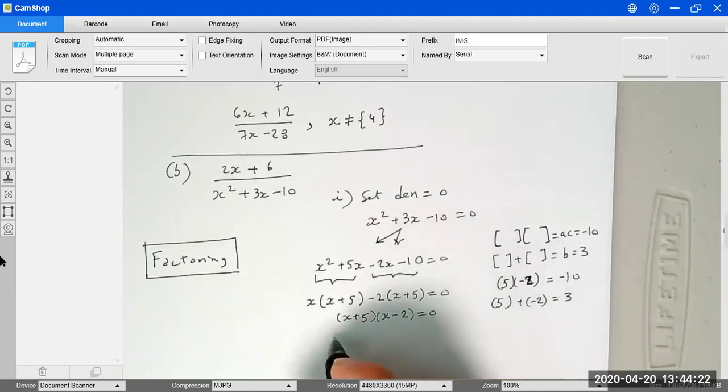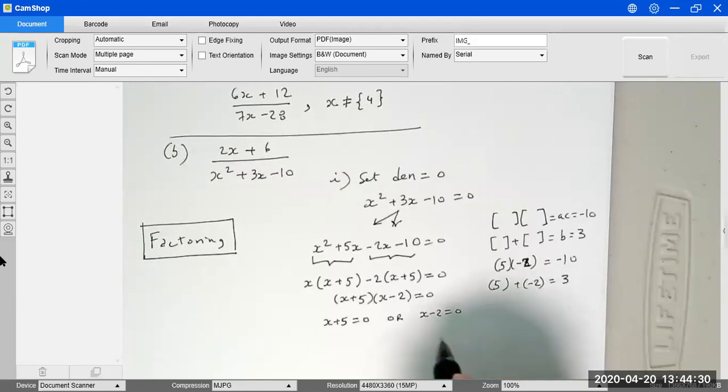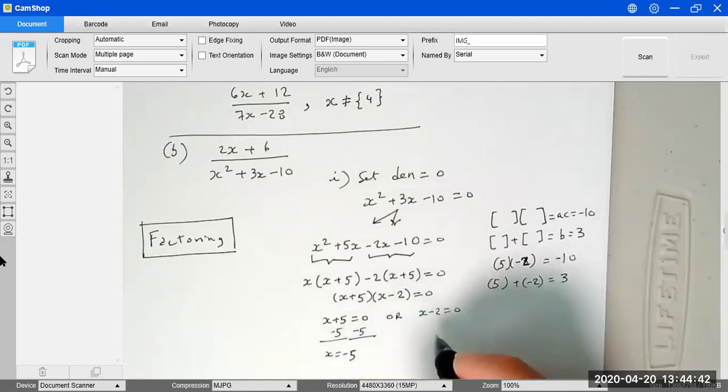Then we're going to equate every factor to 0 to find the restrictions, and solve the corresponding linear equations. We subtract 5 from both sides of the first equation and get x equals negative 5.